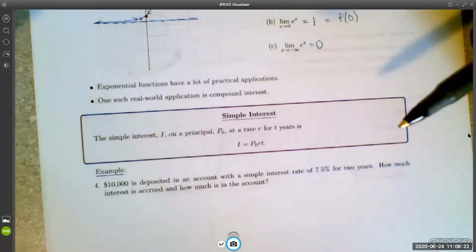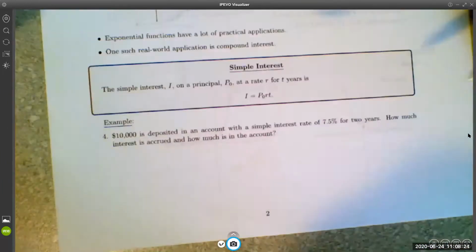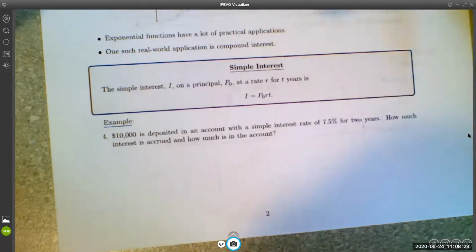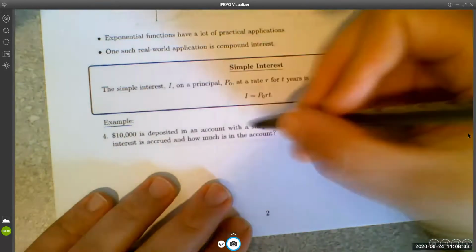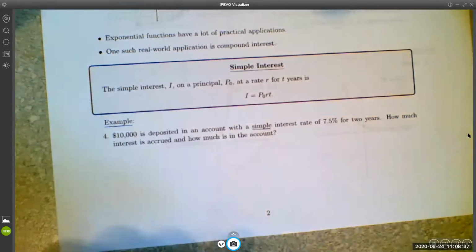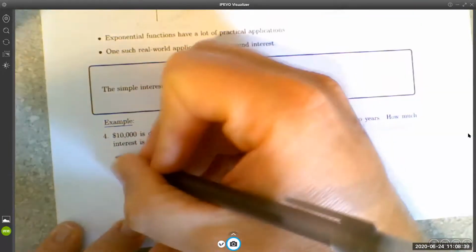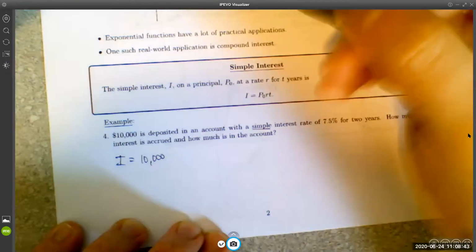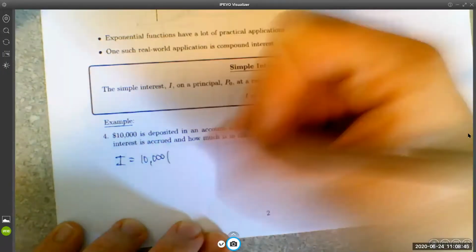For example, let's say $10,000 is deposited in an account with a simple interest rate of 7.5% for 2 years. How much interest is accrued and how much is in the account? The interest accrued, I, is the principal amount, 10,000, times the interest rate, 7.5%.